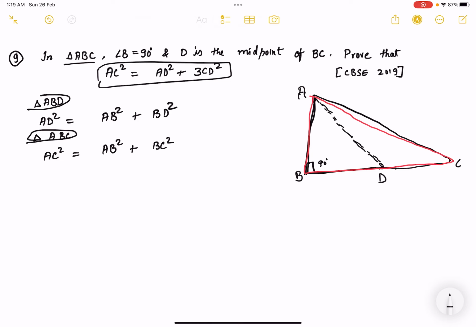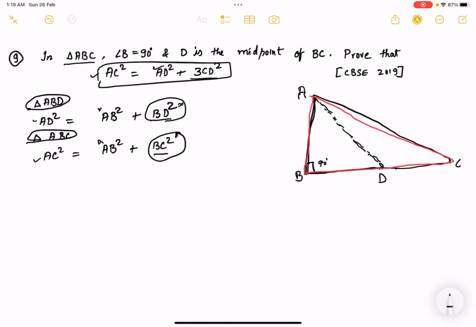If we look at the final expression, we have AC, AD and CD. We don't have BD and BC. So let's eliminate these first.